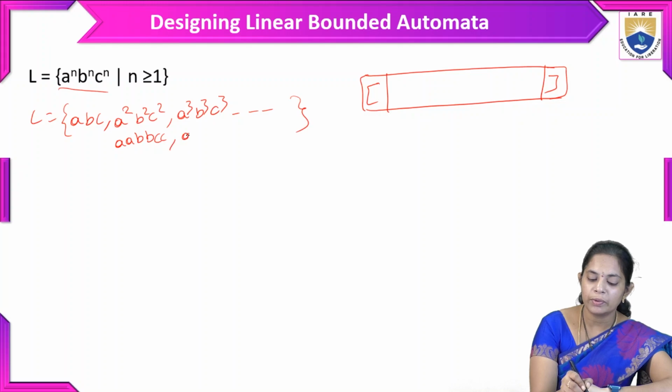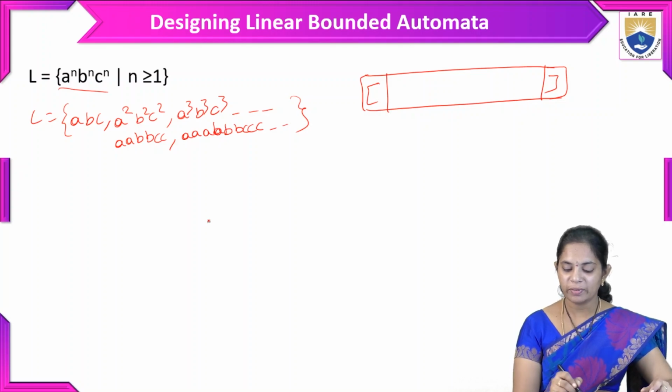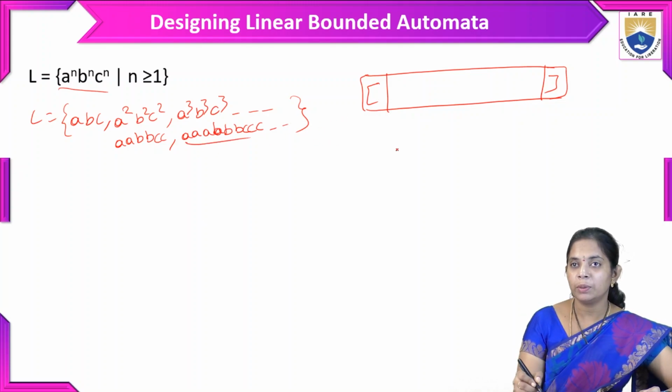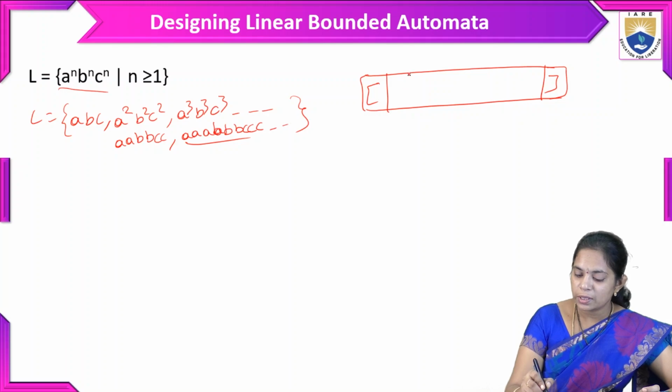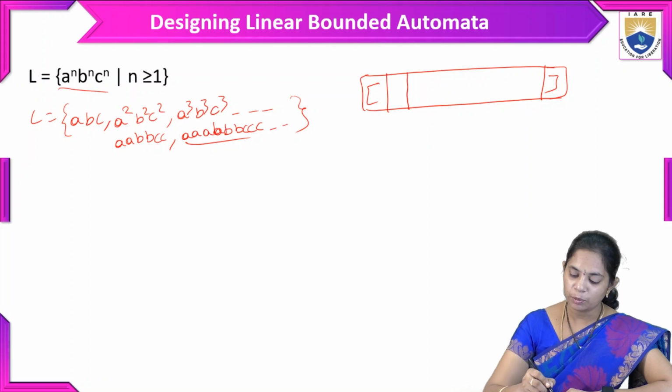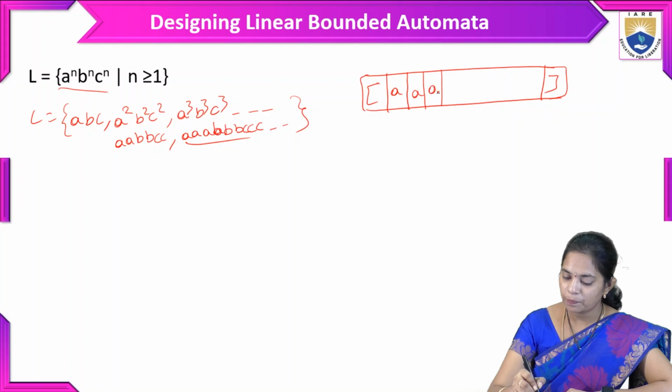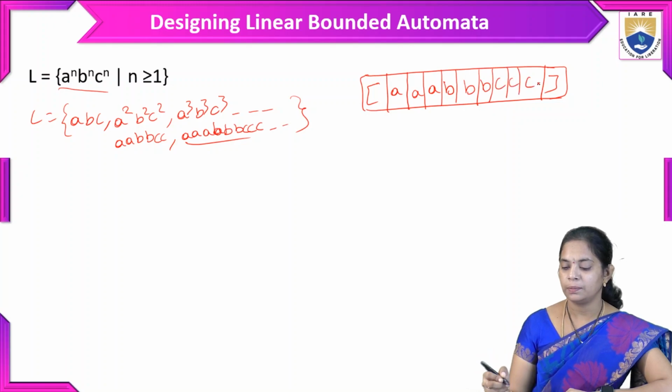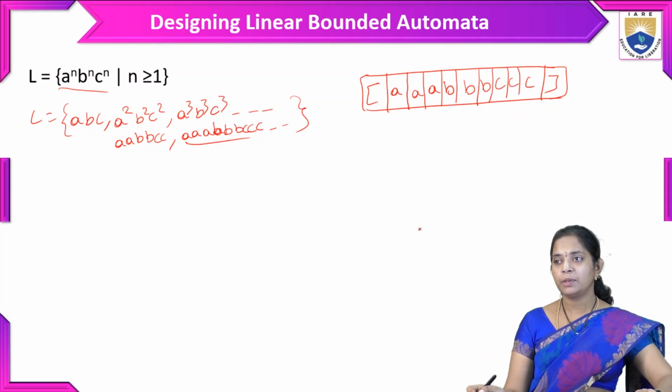In this one we will take the example a power 3, b power 3 and c power 3, that is a, a, a, b, b, b and c, c, c. We will take one string and design the linear bound automata. These are the input string.